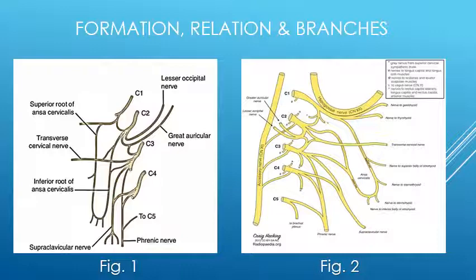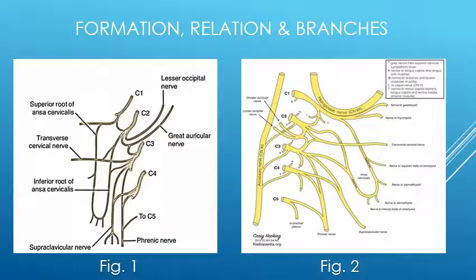The plexus is arranged in an irregular series of loops, and this arrangement results in the supply of a cutaneous area by the branches of more than one spinal nerve. The branches supply the skin of the back of the head, neck and shoulder, and also certain muscles of the neck together with the diaphragm.